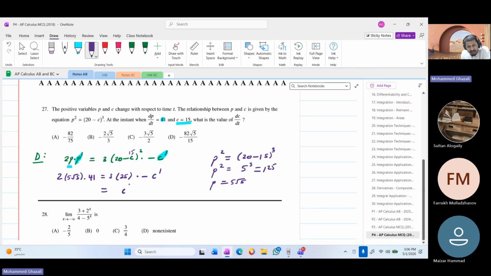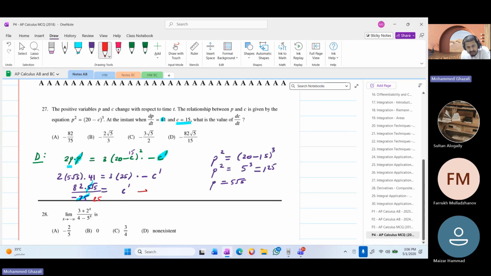So c prime is equal to 2 times 41, which is 82, times 5 root 5, divided by negative 75. I think 5 and negative 75 can cancel out 25 times, right? Wait, no, not 25 times, 15 times, you're right, because 5 times 15 is 75.